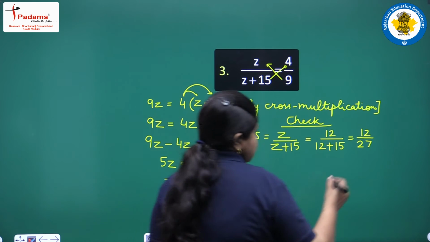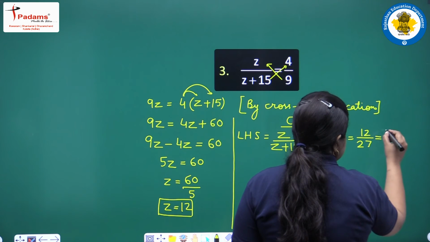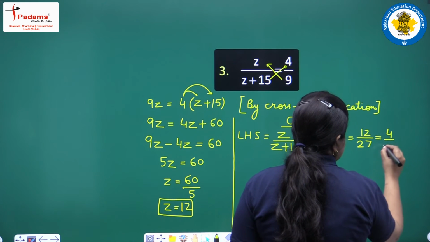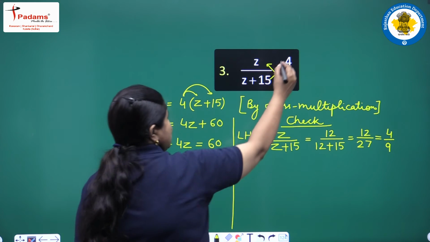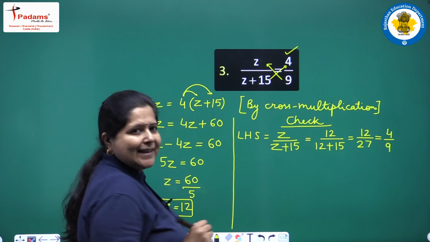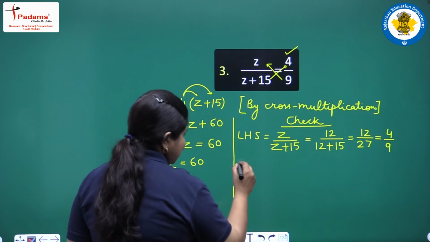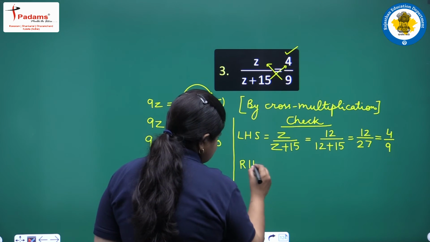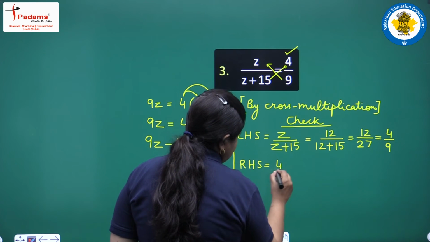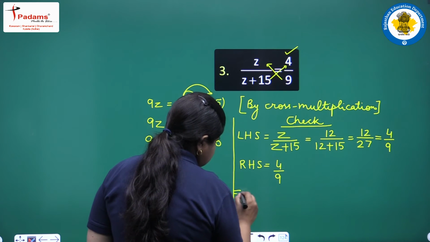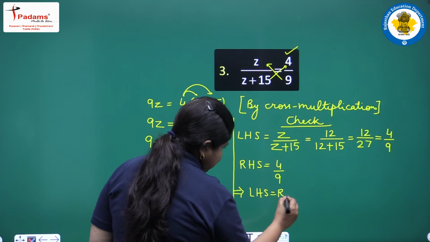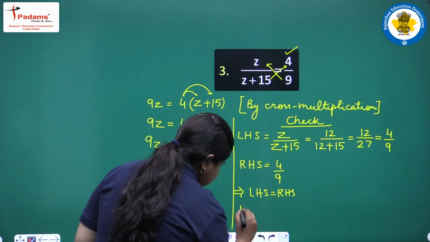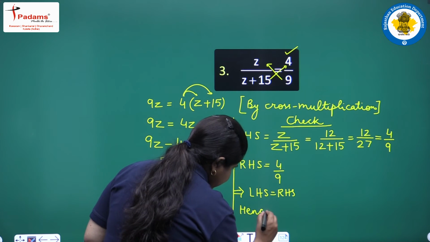Let us cut it by 3. 3 4s are 12 and 3 9s are 27. You already have 4/9 in the RHS. We can write RHS equal to 4/9. This implies LHS is equal to RHS. Hence, the answer is verified.